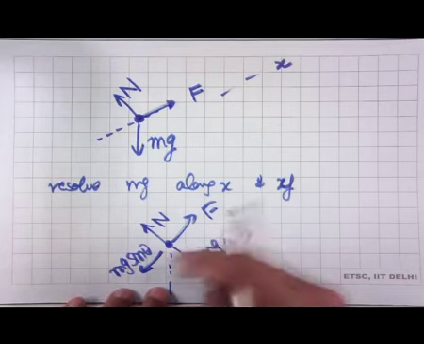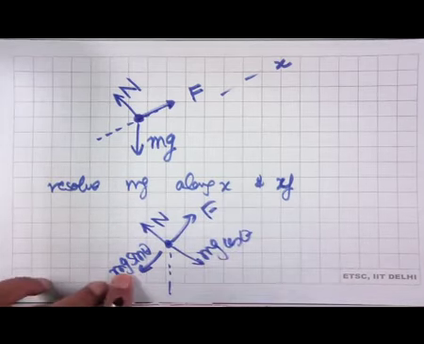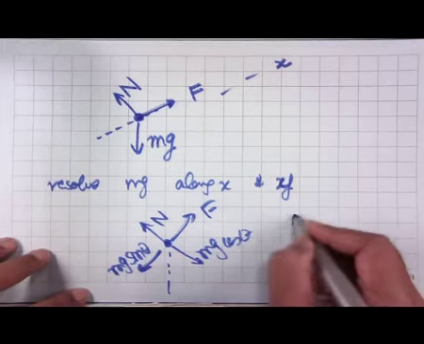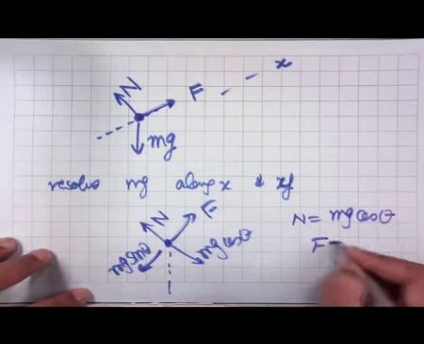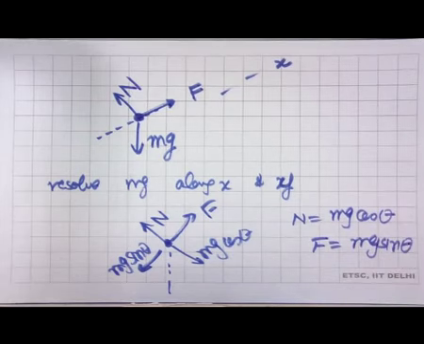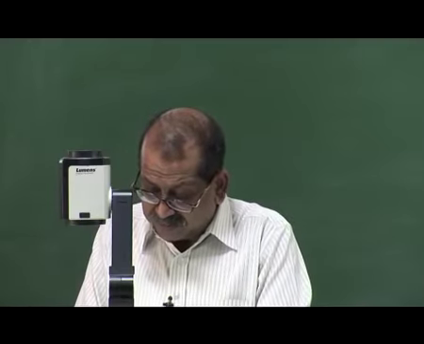So we write the component along y as mg cos theta, and the component along x as mg sin theta. From here we get n is equal to mg cos theta, and F is equal to mg sin theta.